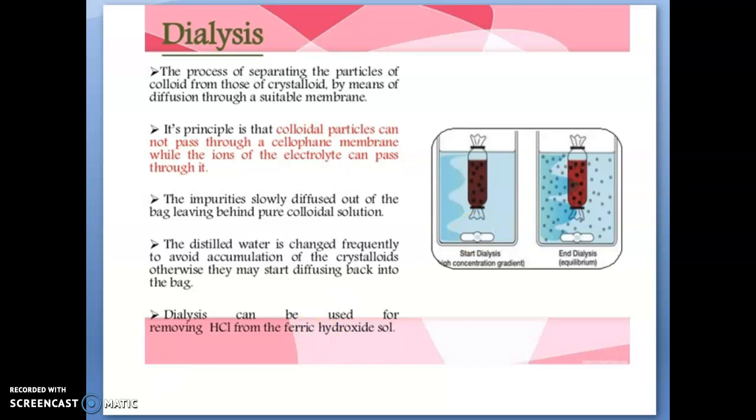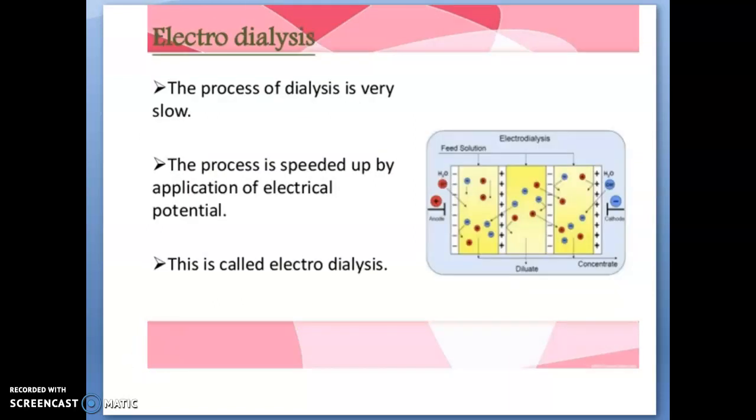If hot water is used, the diffusion rate becomes faster, and that dialysis is known as hot dialysis. Sometimes two electrodes are placed in the water and an electric current is applied, and that process is known as electrodialysis.